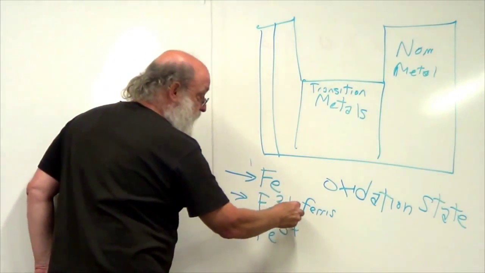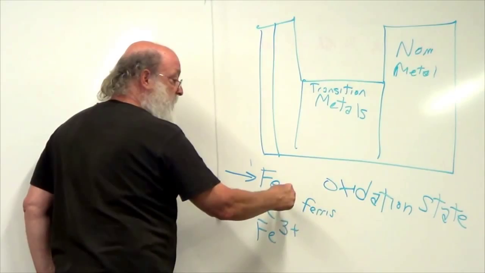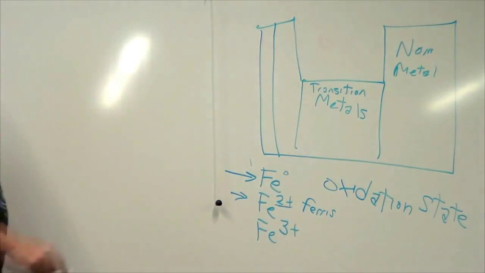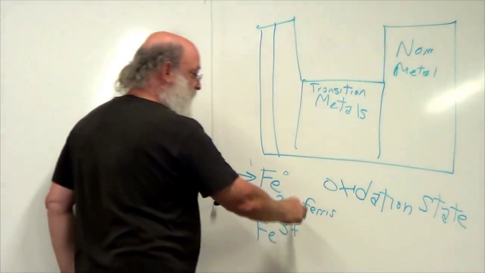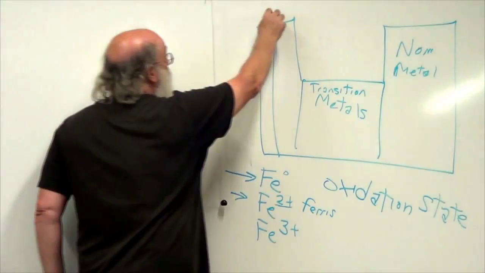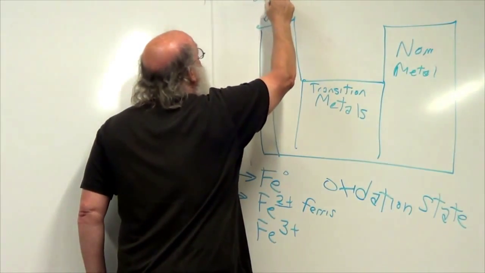So when you see this number, if it goes down, say from 2 to, no number here implied 0, that's a reduction, and if it goes up, it's an oxidation. This area here is for alkali metals.